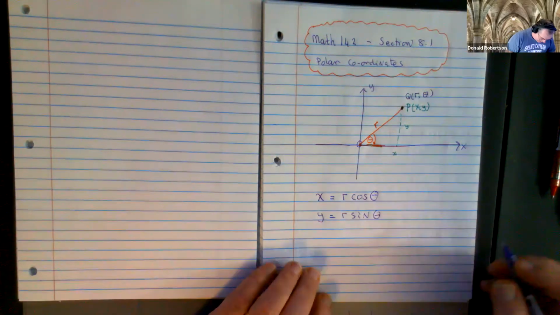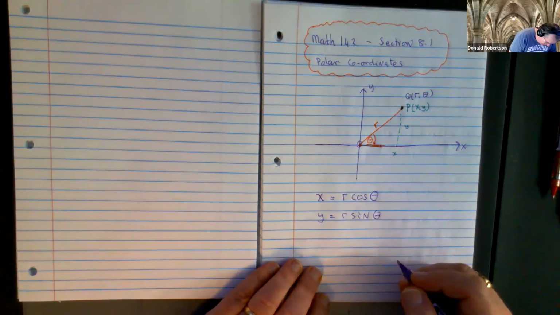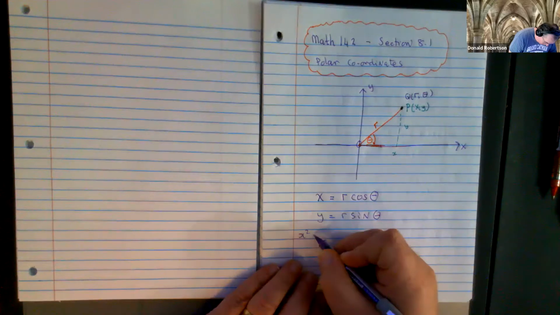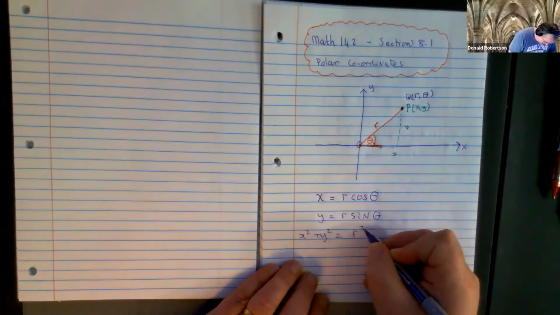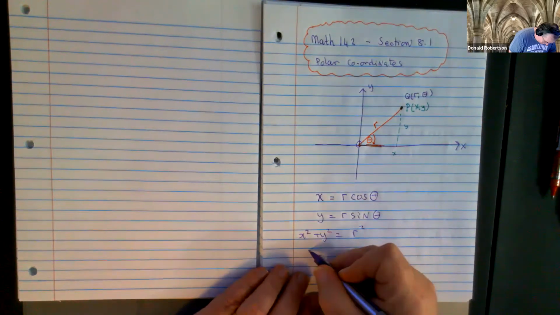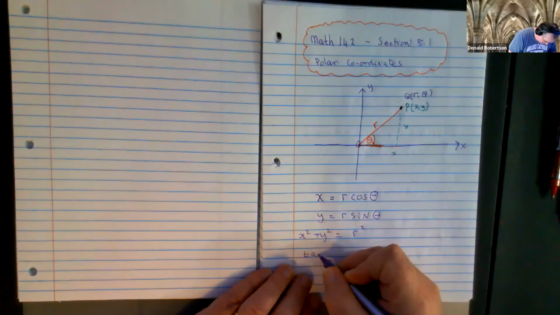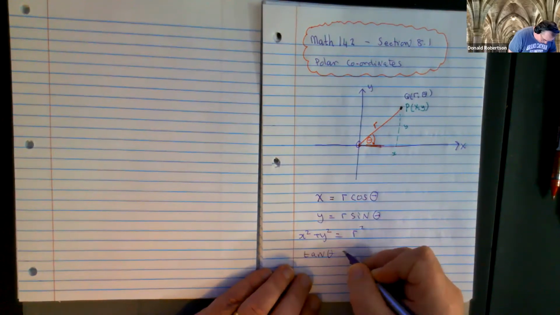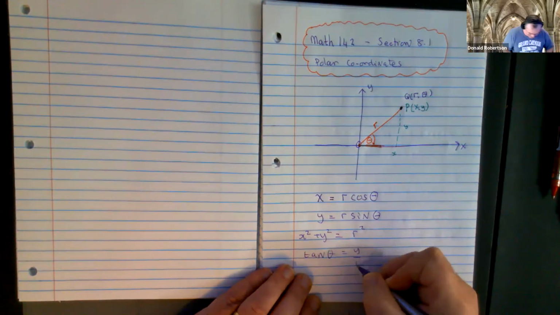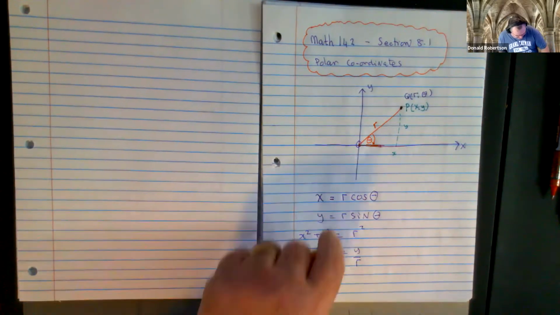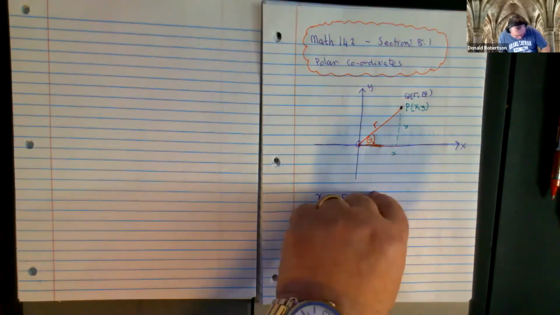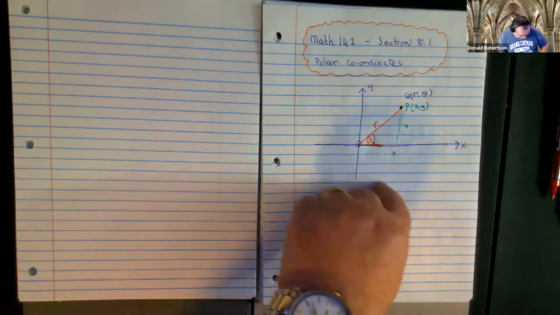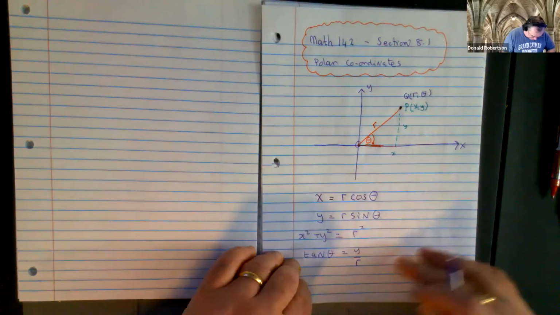What else do we need? x squared plus y squared will equal r squared. And the tangent of theta is y over x. So these are connections between the x and y coordinates and the r and theta polar coordinates. There are other connections, but these are some of them.